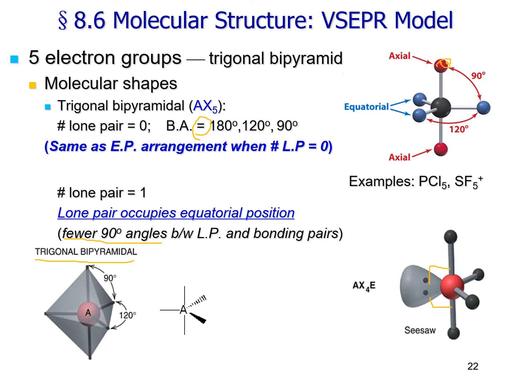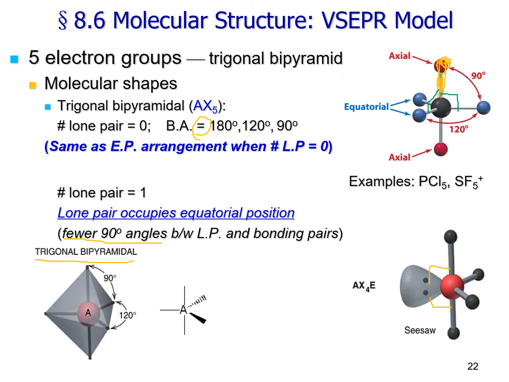Say if we have this as a lone pair, then if we have this lone pair occupying the axial position, how many 90 degrees do we see? I'm going to use the green one. We have 1 90 degrees here, between this electron group and that one.